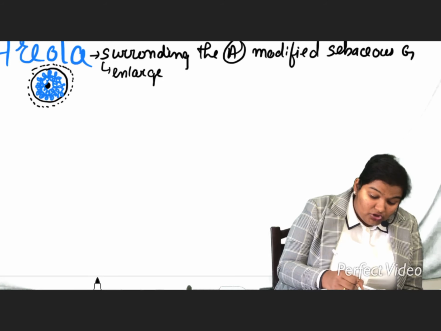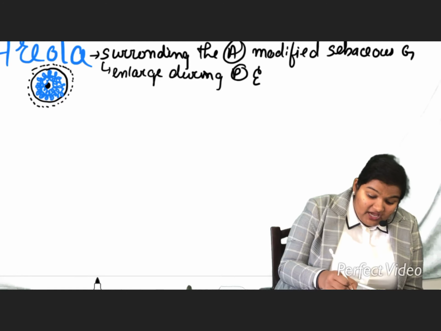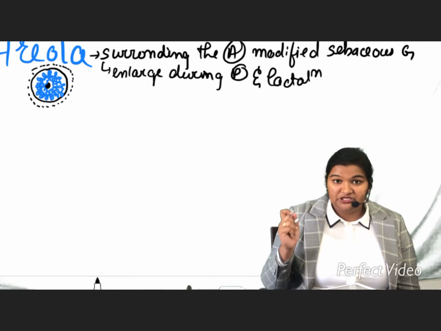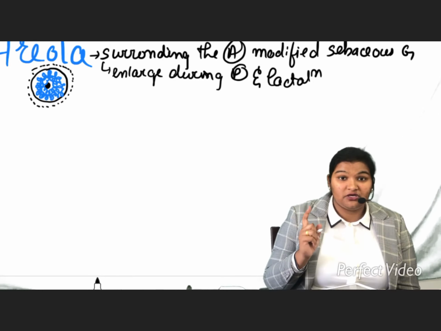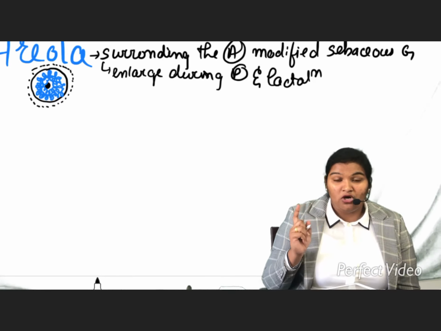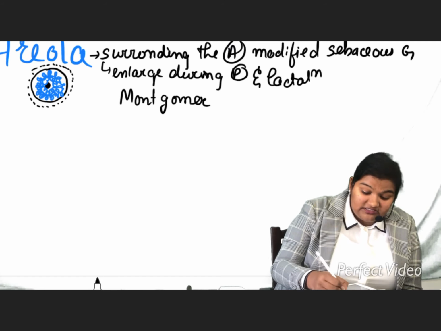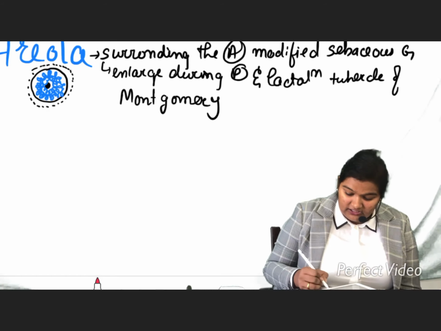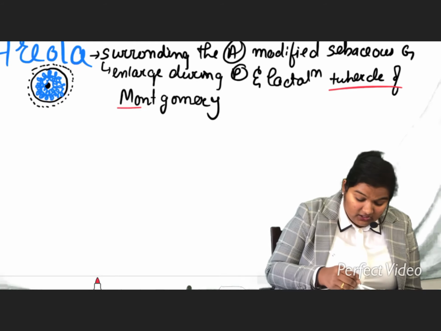This enlarged sebaceous gland is called the tubercle of Montgomery. I will underline it.